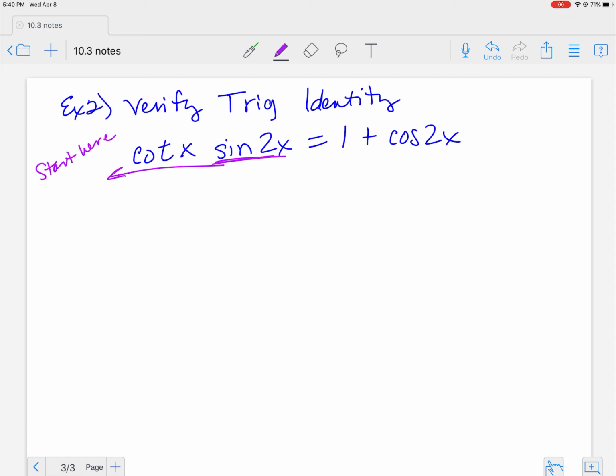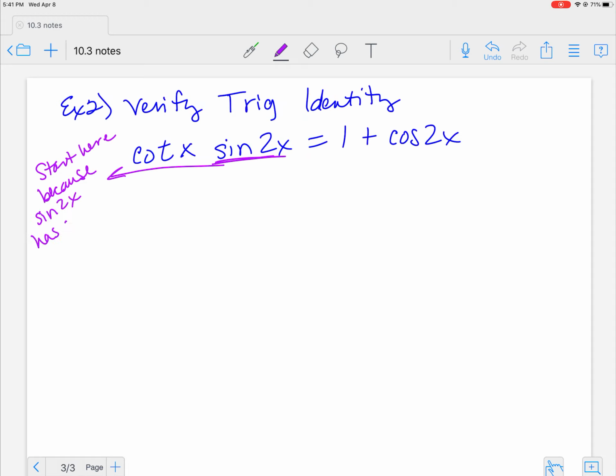When you go through this, you want to just be thinking, okay, how can I work with what I need? What do I need to do here? Where you're going to start with this is here, because if I'm looking at these two sides, sine 2x has one formula. Cosine 2x has 3.